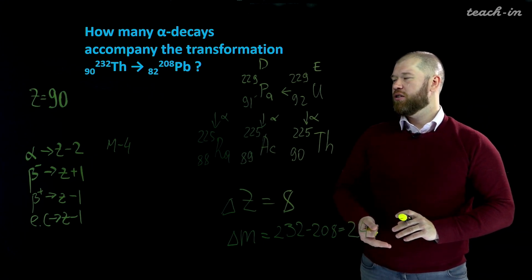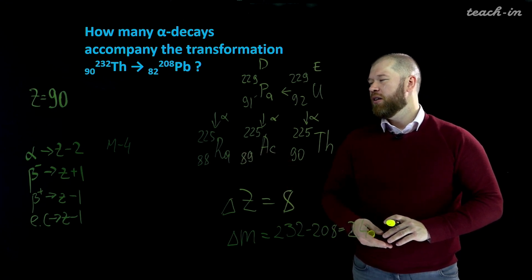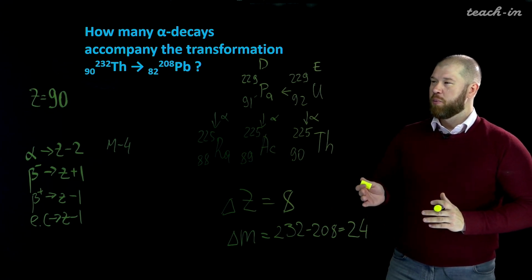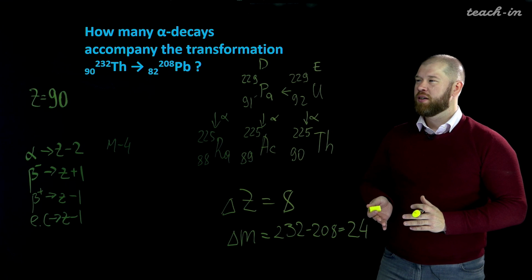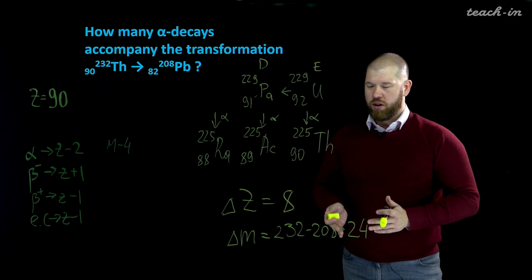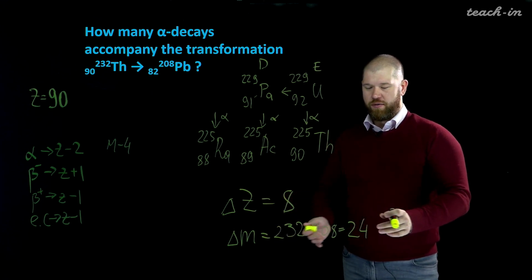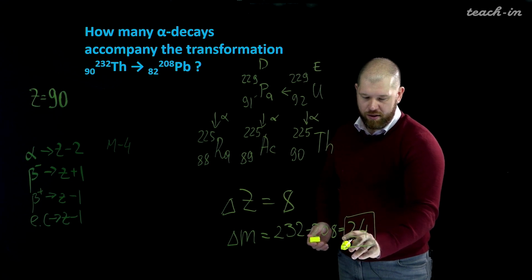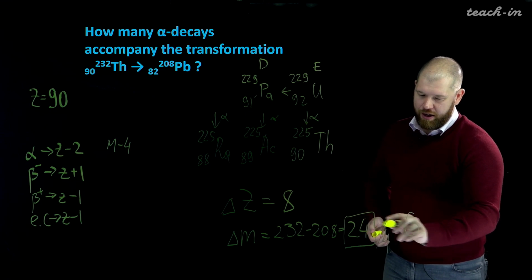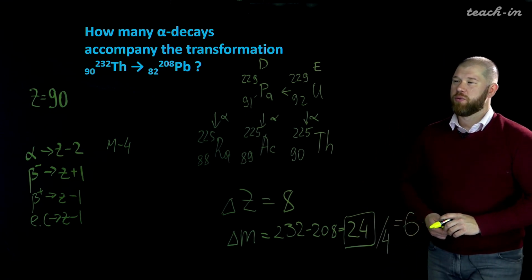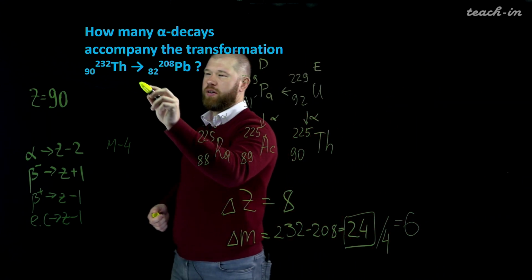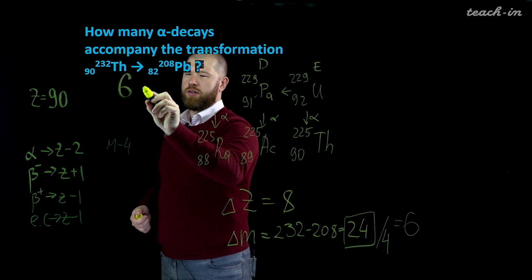There are no changes in mass for beta minus, beta plus, or electron capture decay. Thus, if we see the difference in mass, it can be related only to alpha decay. So from the difference in mass, we can calculate how many alpha decays there were. So it was 6 alpha decays. We can write it: 6 alpha.